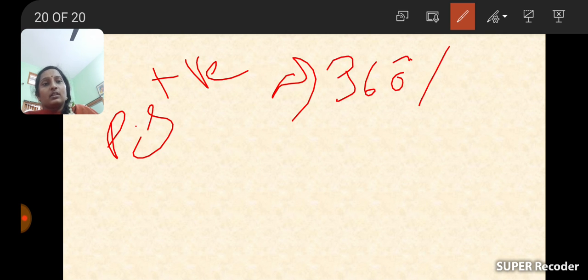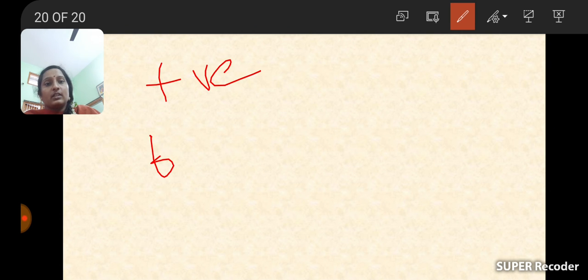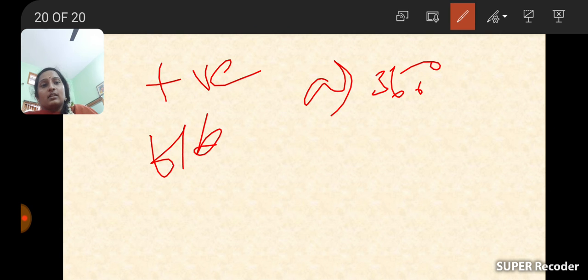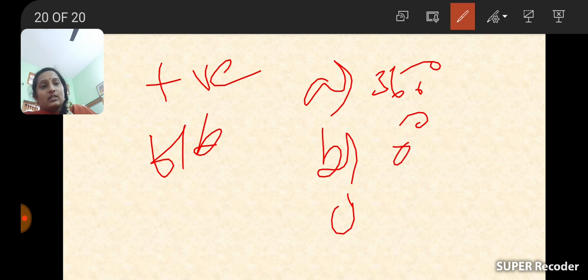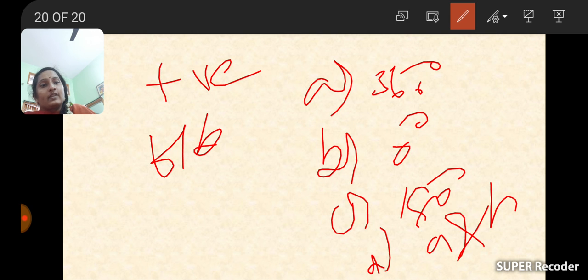And next question. The phase shift produced in the positive feedback circuit, phase shift, okay, A 360 degrees or B 0 degrees, or sometimes they ask like this. In positive feedback networks, the phase shift around the circuit is A 360 degrees, B 0 degrees, C 180 degrees, D A and B. So what is our answer?